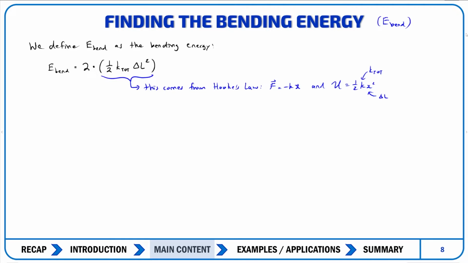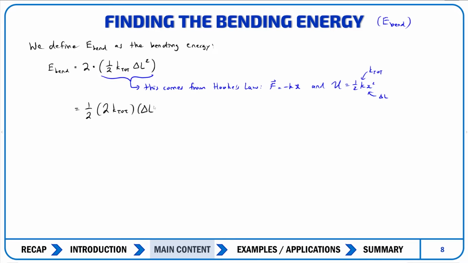So rewriting everything, we end up with E bend as 2 times 1/2, which is simply just 1. So we would actually have, let me just say, I do want to keep this 1/2 out. So I am taking the 1/2 out just so that I can rewrite this in a certain way afterwards. We're going to put the 2 inside K total.